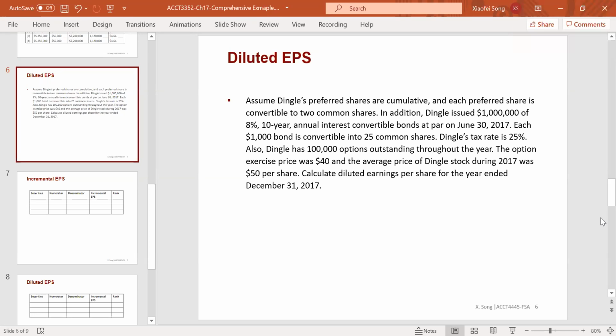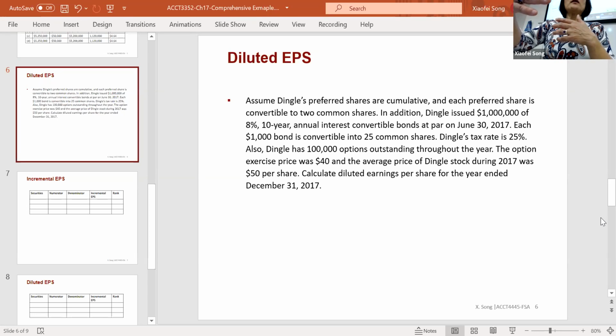If after including one, the diluted earnings per share go down, we keep going. When we reach the point where, after we include one potentially dilutive security, the diluted earnings per share go up, we stop.